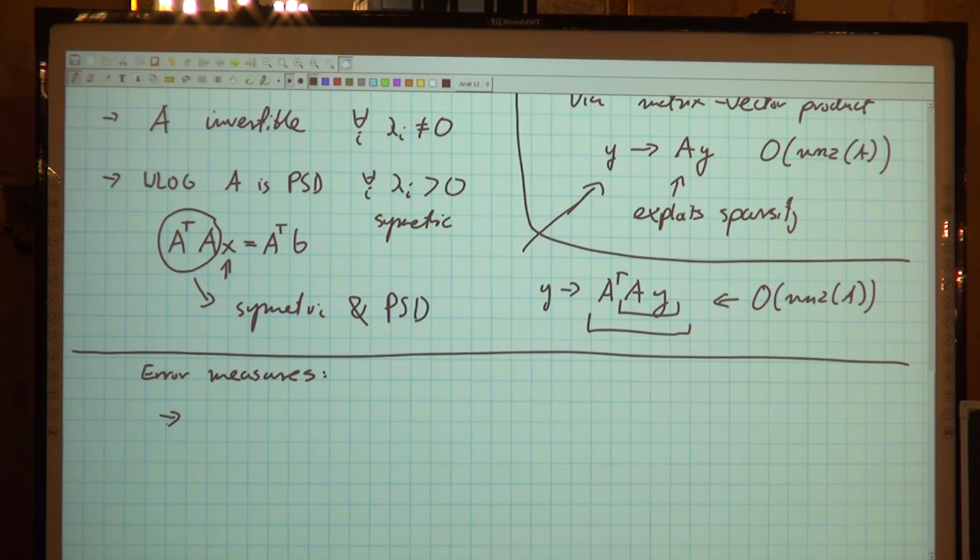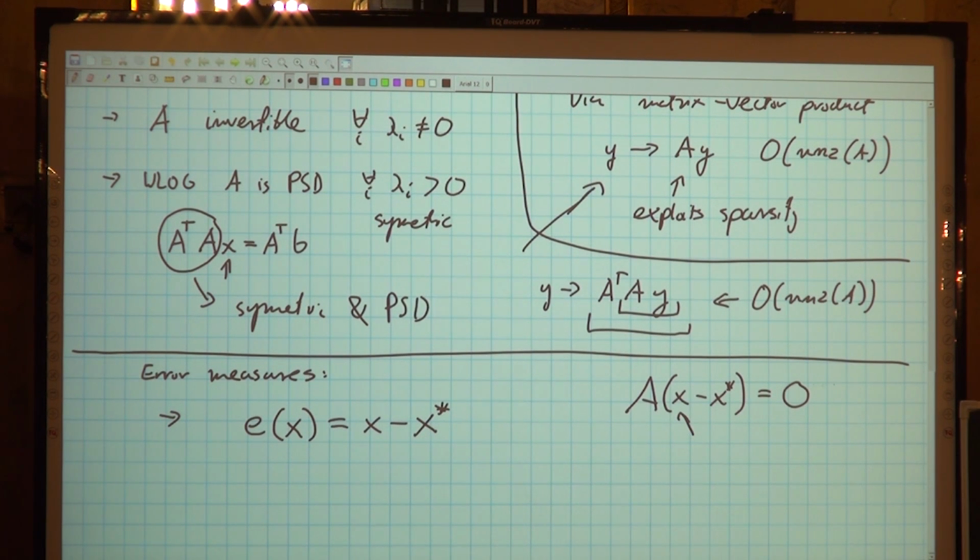The first one, I will call the left-hand side error measure. If I have a solution X, then its error E of X will be exactly, I just want to get it right, there is a sign thing that I never get right. So I just compute, when I have my solution, in general, if I had the exact, this would mean for X to be the optimal solution, that this thing is 0.